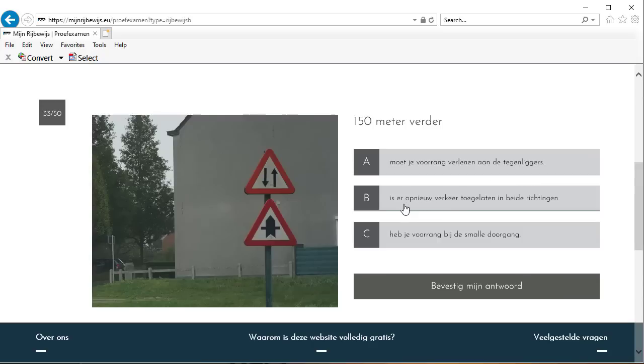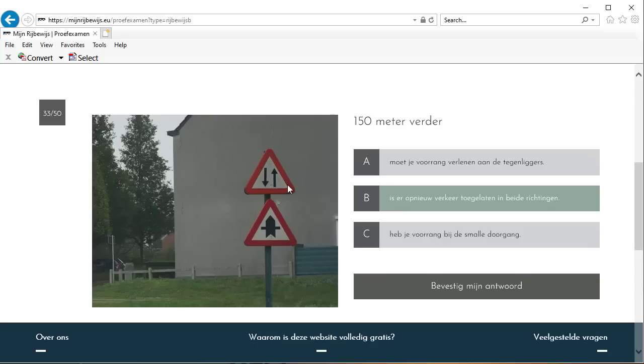Option C, you have priority at the narrow road or narrow pathway, passing road. So the right answer is option B, which is indicated by this triangle here, which says there will be traffic again in both directions.